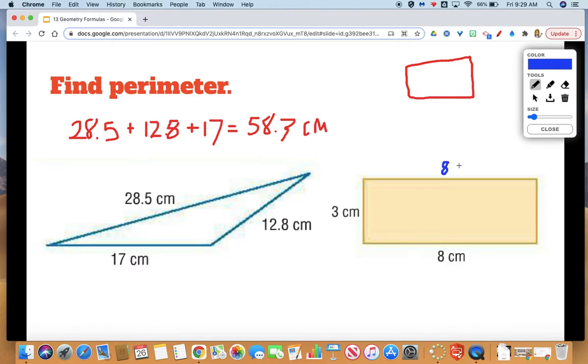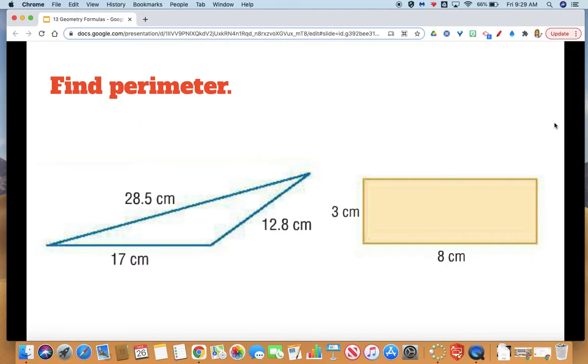Well, they're the same as the sides that they are parallel to. So that one is 8, that one is 3. Let's add up all 4 sides. I'll give you a moment to do so. 8 plus 3 is 11, plus 8 plus 3, which is also 11. So altogether, that's 22 centimeters for this perimeter.